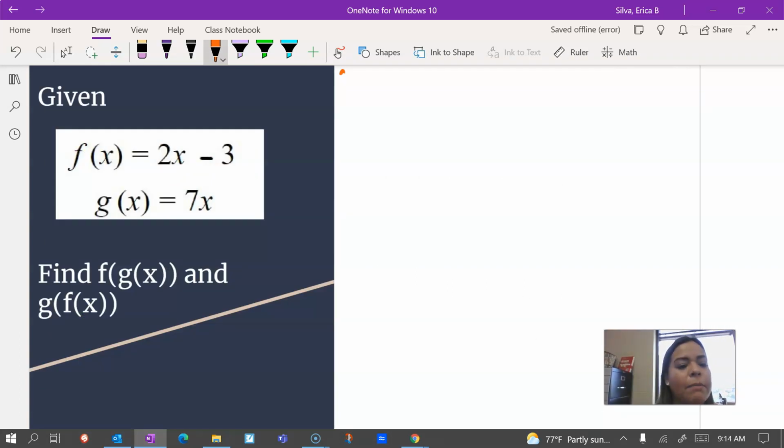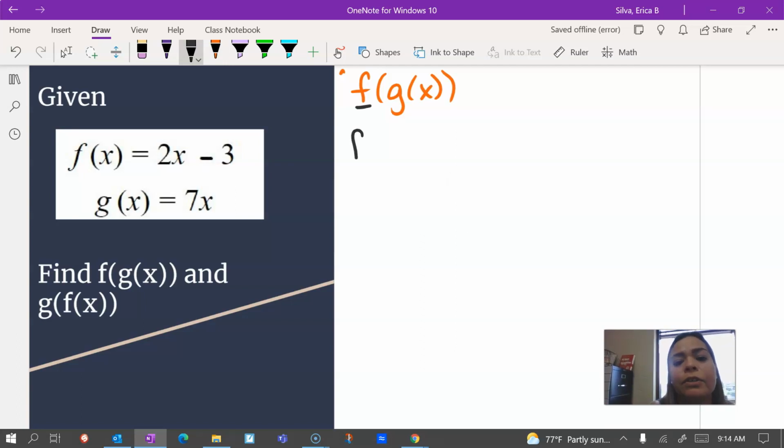Let's look at this example. We're given two functions, f of x and g of x, and it wants us to find f of g of x. So we're first going to do f of g of x. Notice how f, the function f, is stated first. So the first thing we want to do is rewrite that first function, 2x minus 3.